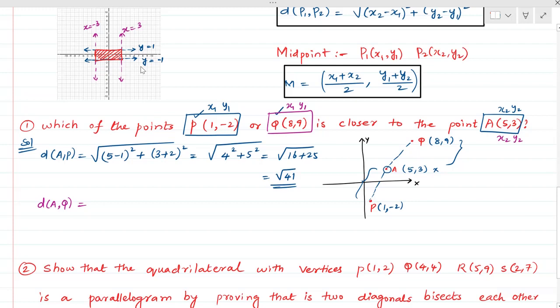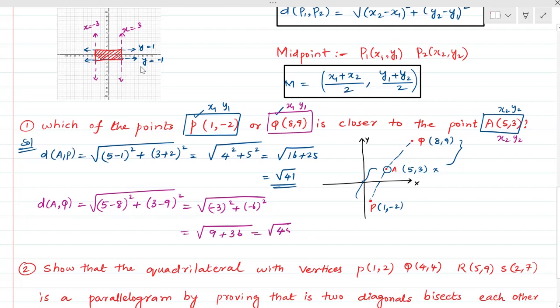Square root of (x2 minus x1) whole square plus (y2 minus y1) whole square: (5 minus 3) whole square plus (3 minus 9) whole square, which implies minus 3 whole square plus minus 6 whole square. This gives 9 plus 36, which is equal to root 45.